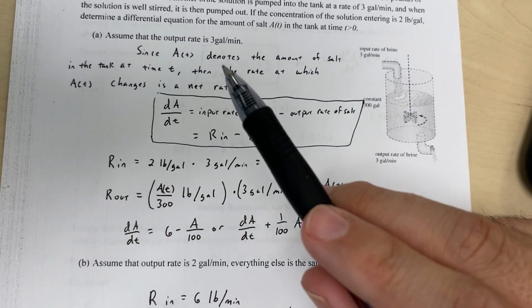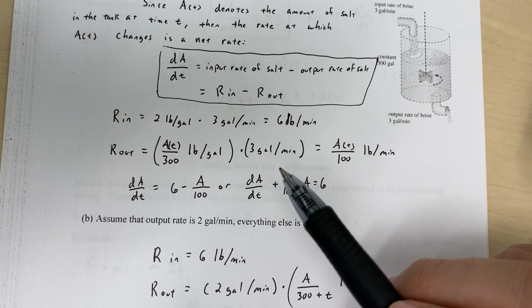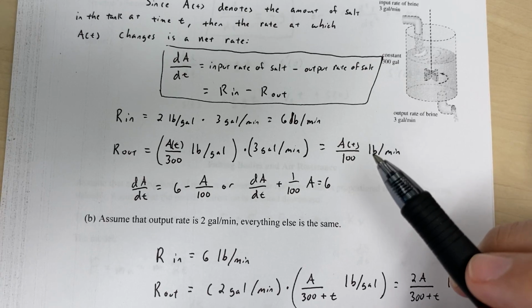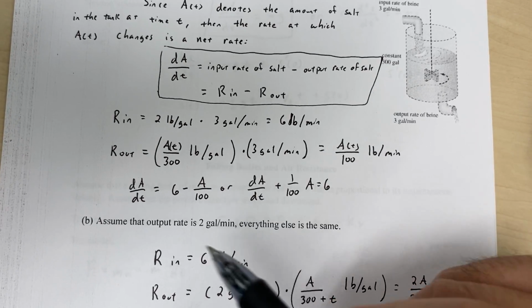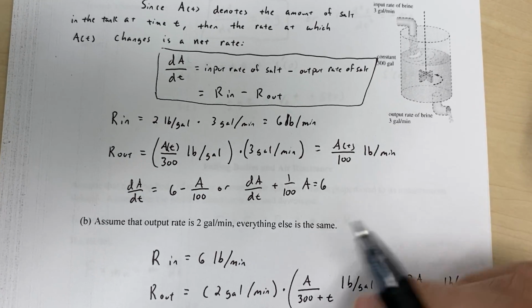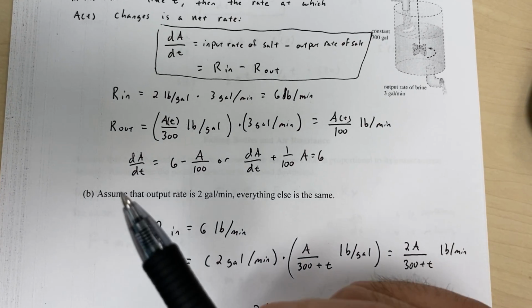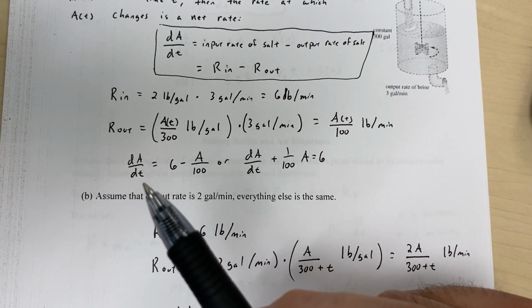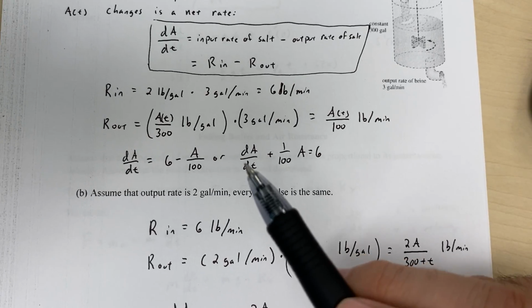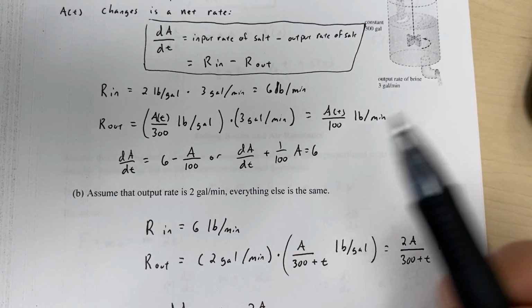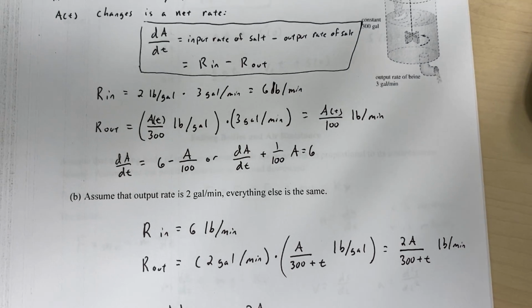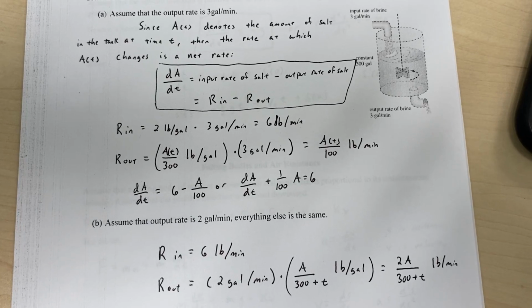So A(t) over 100 is our output in pounds per minute, because 3 divided by 300 is just 1 over 100. Then our rate of change for the total amount of salt with respect to time is 6 minus A over 100, or dA/dt plus (1/100)A equals 6. It doesn't matter which way you write that, but that's the solution for an output of 3 gallons per minute.